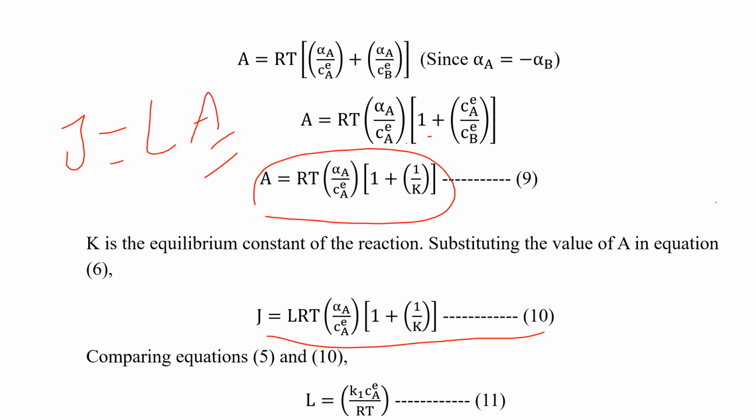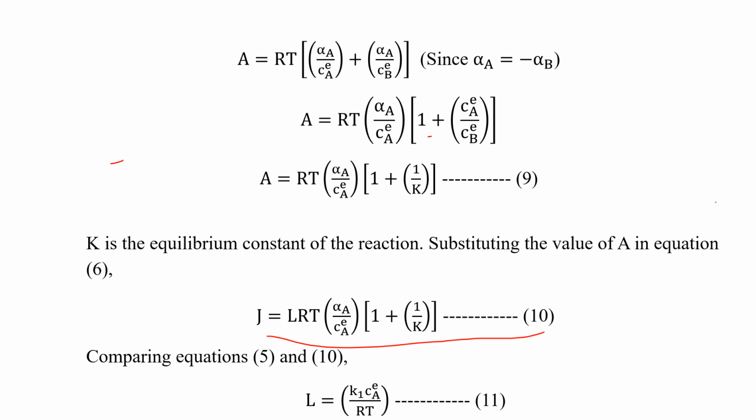In equation 5 you can see that 1 plus 1 by K will be in common between equation 5 and 10. So the remaining non-identical values in equation 5 and 10 have to be equated, and from that you can get this L value.